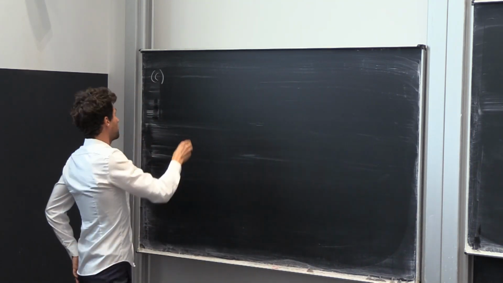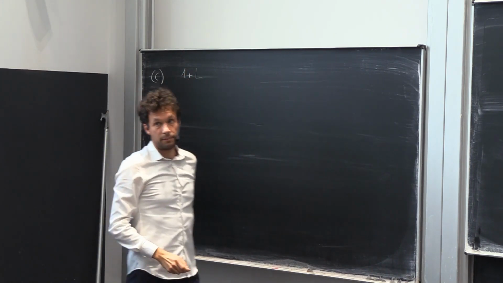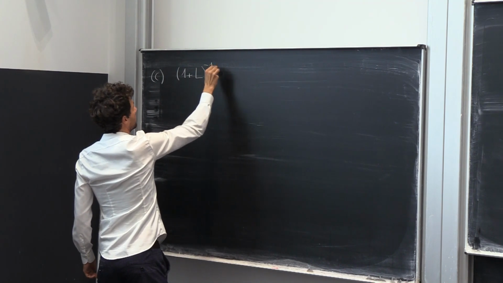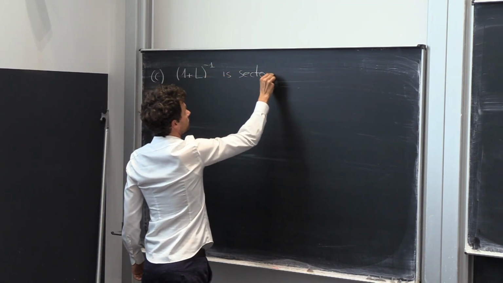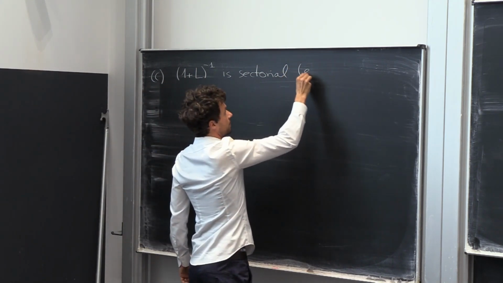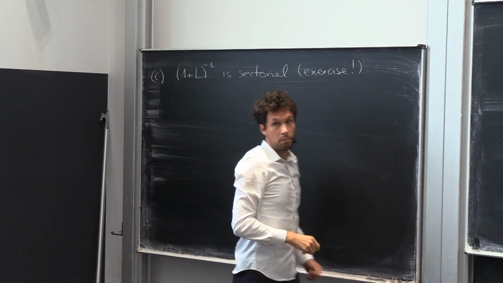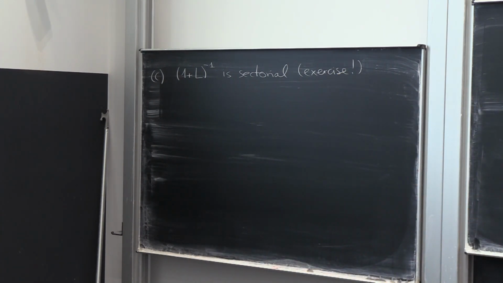Okay, now there's a trick. I claim that (1 plus L) to the minus 1 is sectorial, and this is left as an exercise for you. But it is kind of plausible that this should be true if you're not following the resolvent bounds, but just the location of the spectrum.